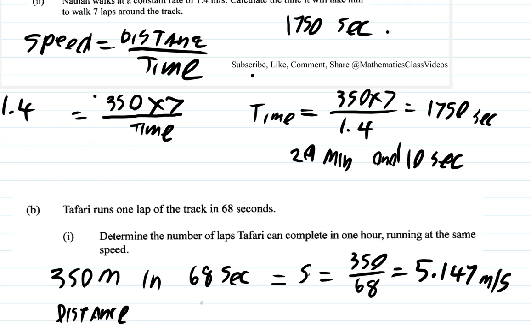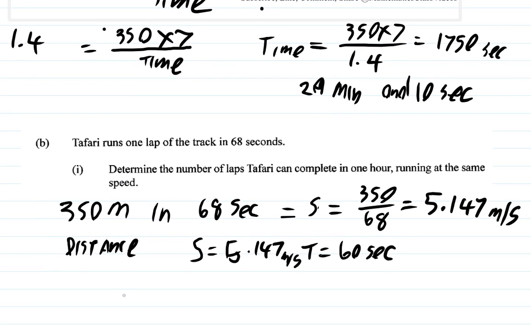We want to find distance. So, we have speed equal 5.147 and the time equals 60 seconds. 5.147 meters per second and a time of 60 seconds.